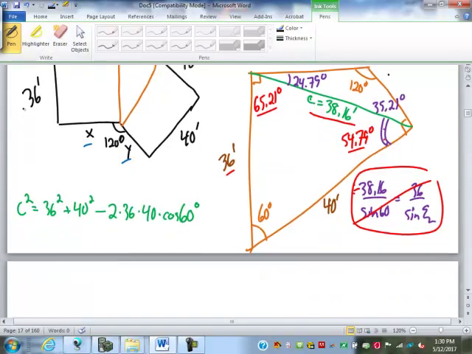Let's take a peek. So we've got 38.16 over the sine of 120 degrees is going to equal, we'll call this x and this y. So we're going to go y over the sine of 24.79.